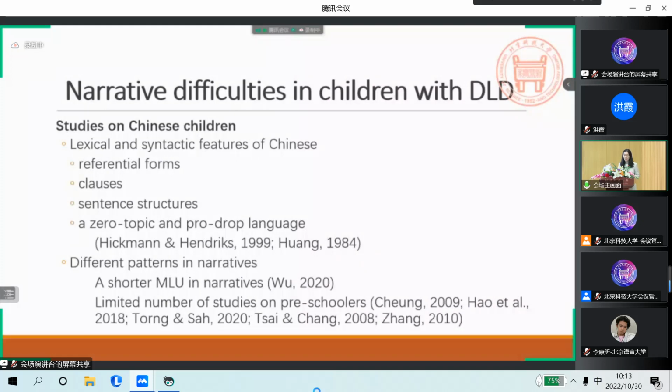And some studies might also show that because there are no connectives between sentences, Chinese sentences might be longer than in alphabetic languages. However, those studies mostly focused on preschoolers. So there are few previous findings addressing school-age Chinese children.